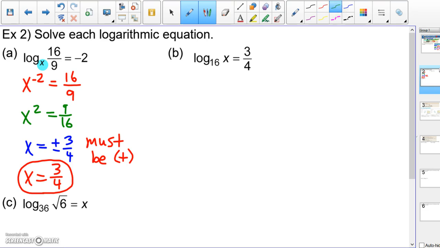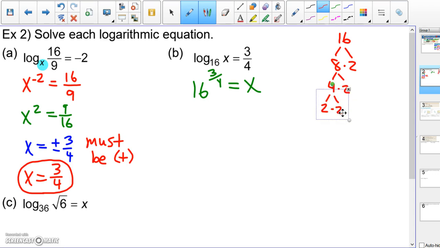Let's look at the next one. I see that it's a base 16, and the answer to the log is the exponent. So we have 16 to the 3/4 equals x. You may have done a problem like this before in an earlier section, but I would recommend you break down that 16 into primes.